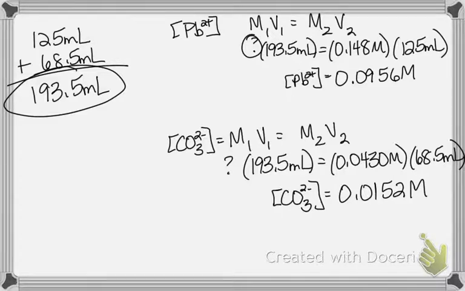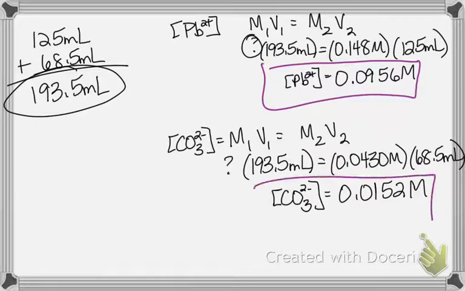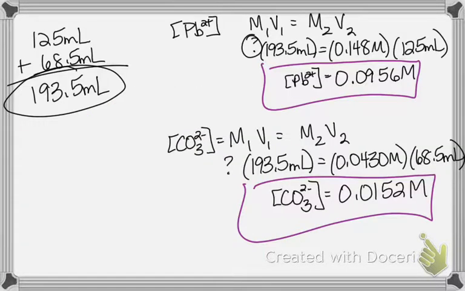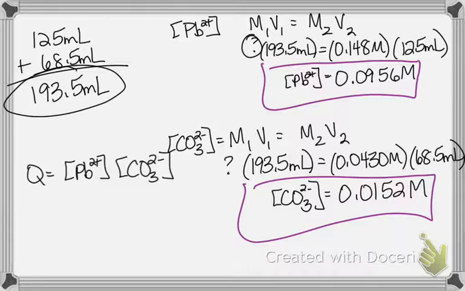Okay, so now we know when these are mixed what the lead-2 concentration will be and what the carbonate concentration will be. We need to take these concentrations of lead and carbonate and plug them in to solve for Q. As we can see here, the Q is equal to the concentration of the lead times the concentration of the carbonate.